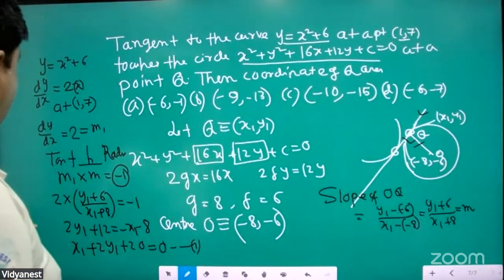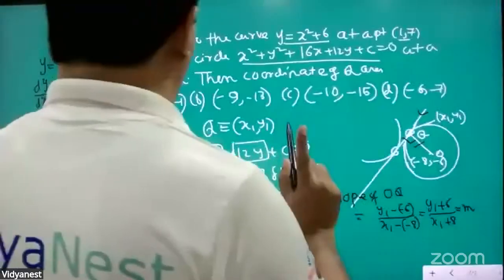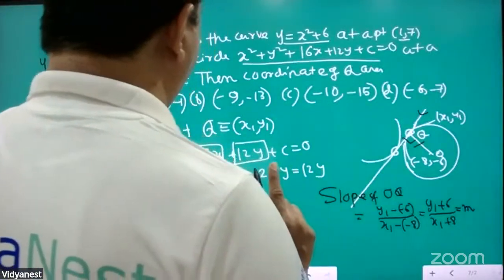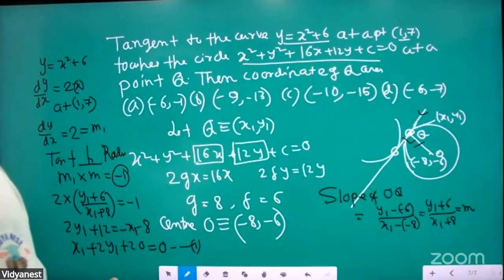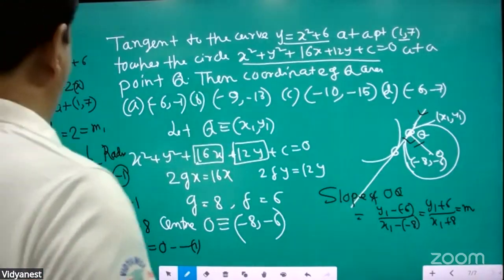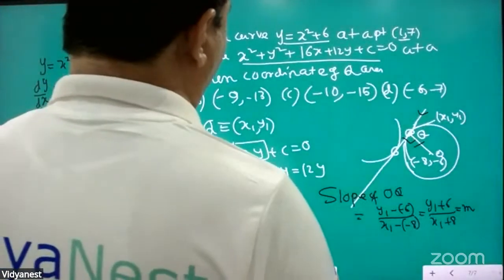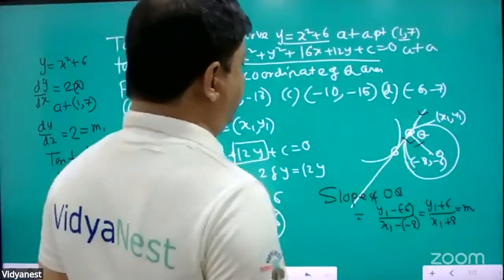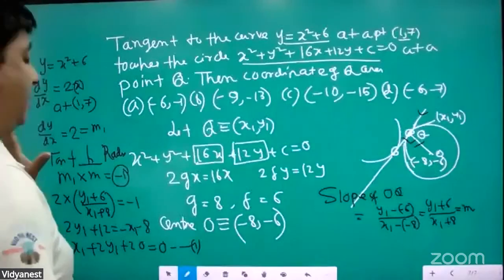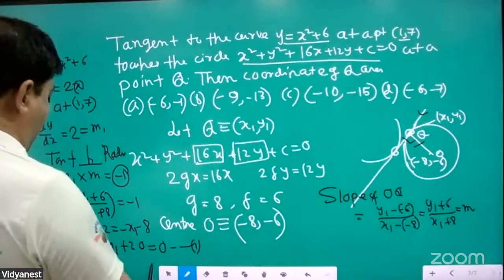But you can ask me, where is the conclusion? Another clause is there. What clause? That x1, y1 we have got. Now let us find the equation of the tangent to the parabola. Okay, the tangent's equation, the formula you were already taught.